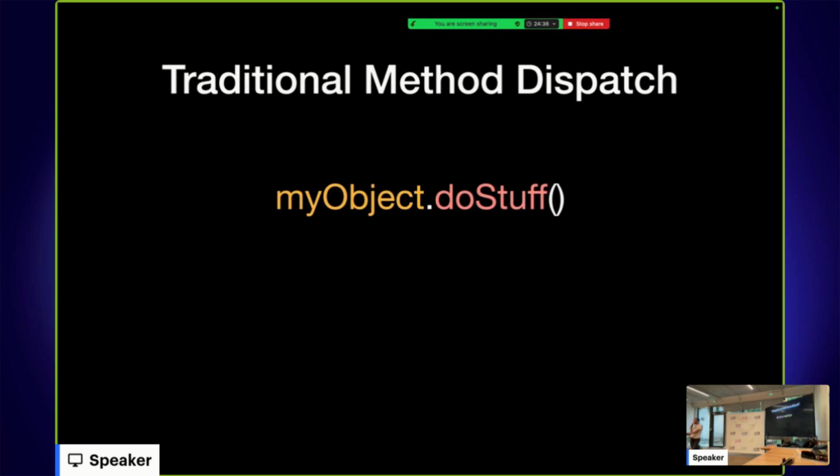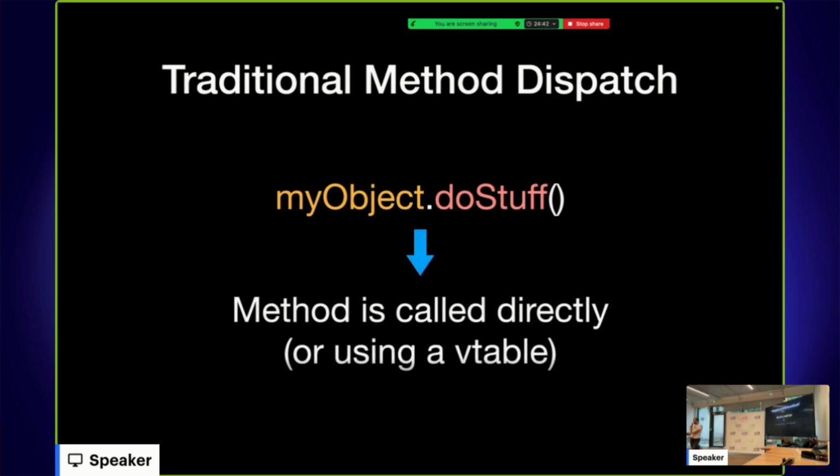Traditional method dispatch, usually in a normal language, when you call a function, the method is either called directly, because there is no subclassing and you have exactly the address of the function and you can call it directly, or using a virtual table, which allows resolving the subclassing.